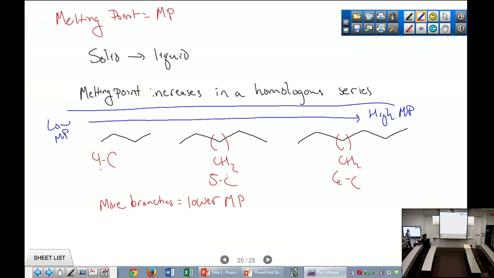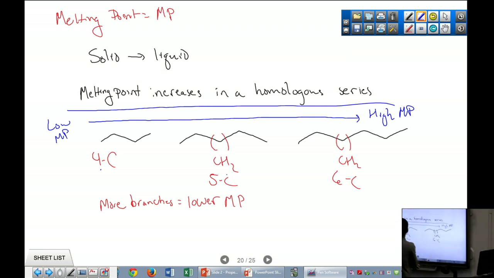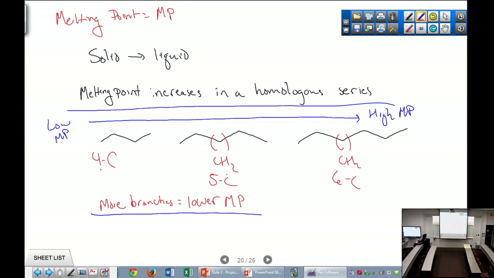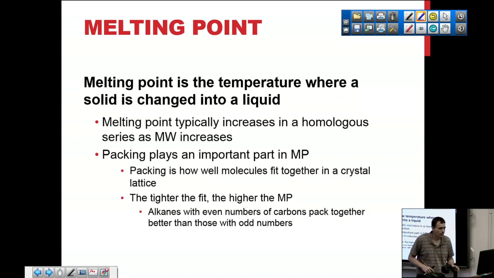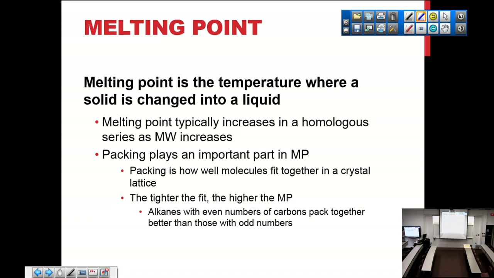to boiling point, the more branches you have, the lower your melting point, for pretty much the same reason, right? So the better things pack in the crystal lattice, the stronger that solid is and the harder it is to melt it and break it into liquid, right?